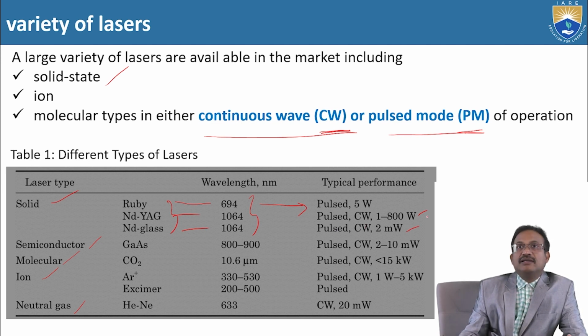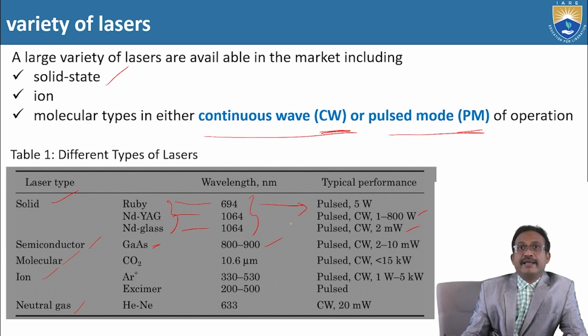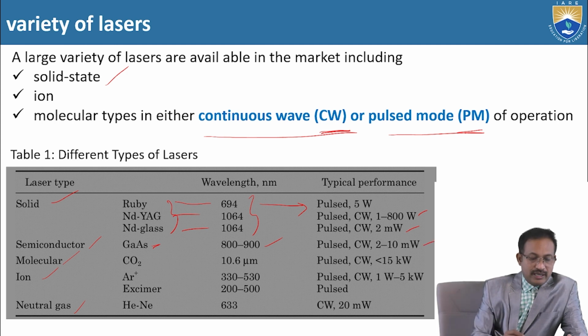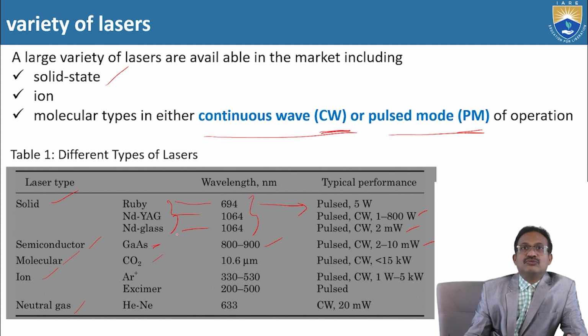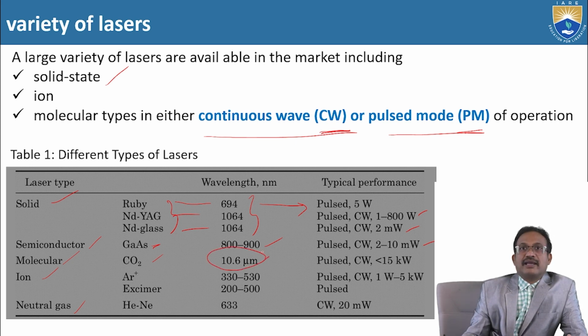Nd glass is 2 milliwatts. Again for semiconductor, GaAs, the wavelength is 800 to 900 nanometers. It is pulsed or continuous wave, 2 to 10 milliwatts. For molecular, that is carbon dioxide, CO2, the wavelength is 10.6 microns.